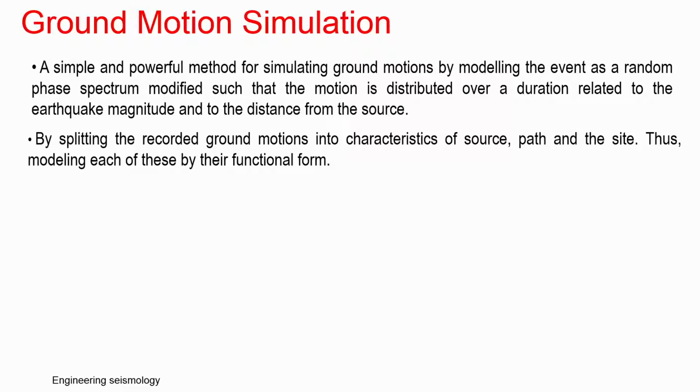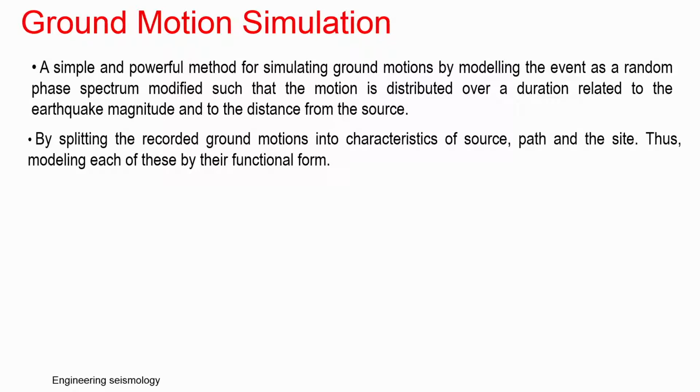The main parameters are the earthquake magnitude and the distance from the origin of the earthquake. We discussed the phase spectrum as a frequency domain parameter, and you can even Google it and read about it if you want to know what a phase spectrum is.